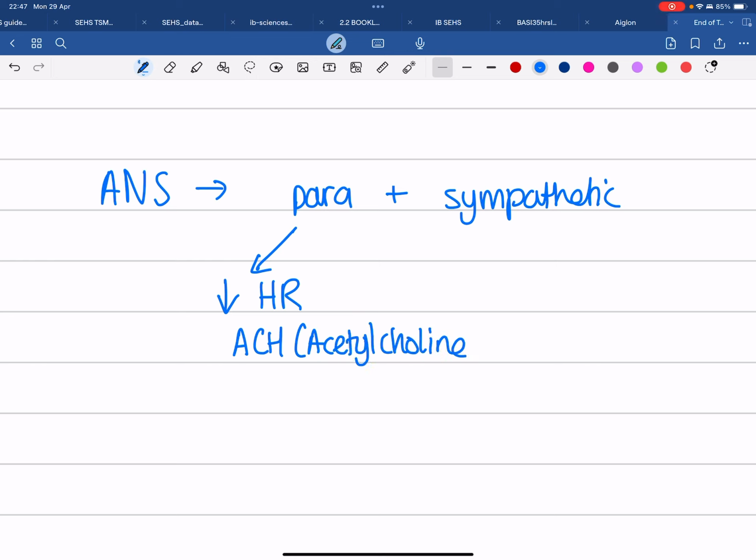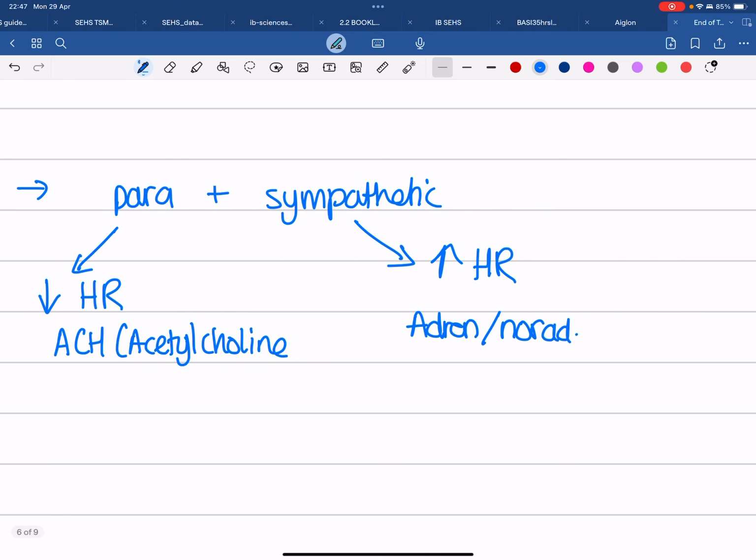The sympathetic is going to increase heart rate with the help of adrenaline. Or you could call it noradrenaline, we don't mind.